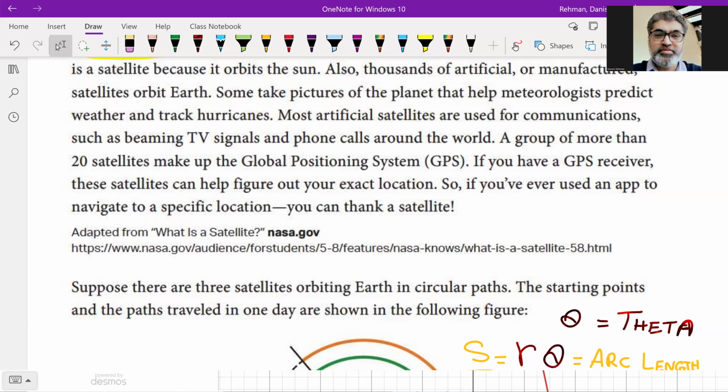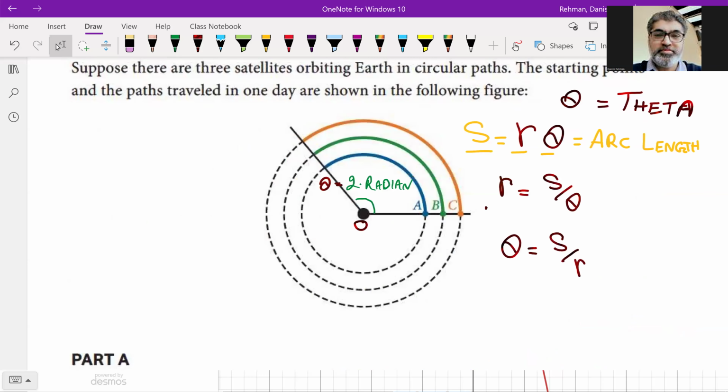Now let me bring in one thing here. I was just talking to you about how the satellite's rotation must have more speed than the Earth's rotation. Let's say this blue circle A represents the Earth's surface, and Earth is rotating through this angle, 2 radians.